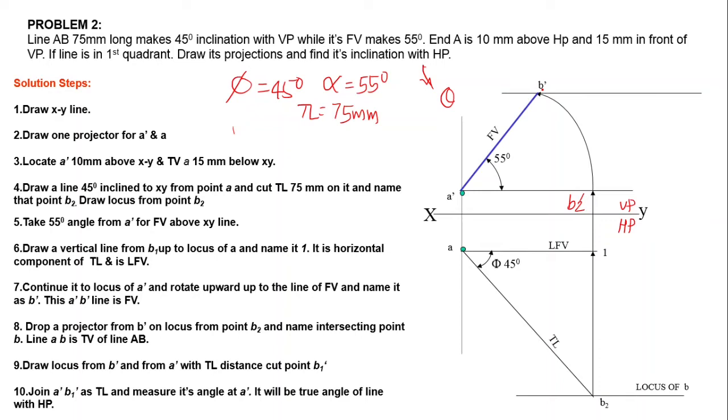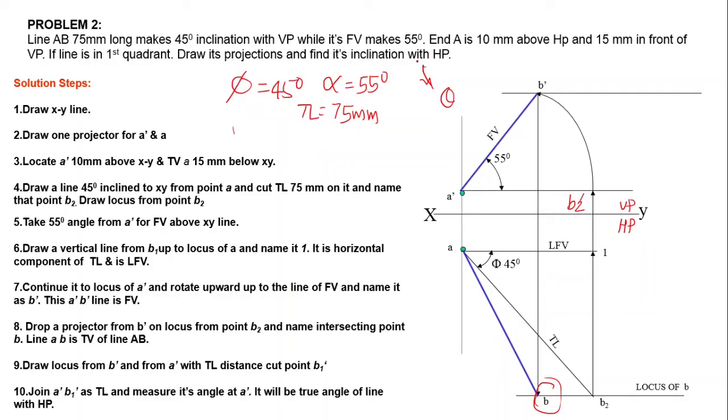Then locus of this point B, locus of point B. Then we can project that front view B dash, and we can find out this point top view here. Top view B. Then AB will become the top view. Then the orthographic projection is completed.